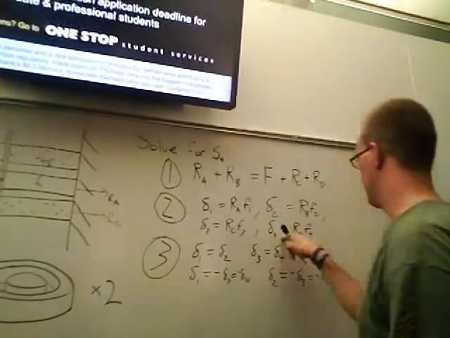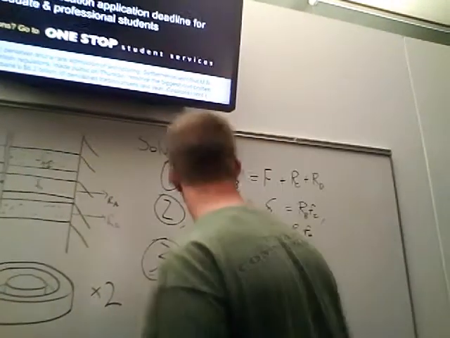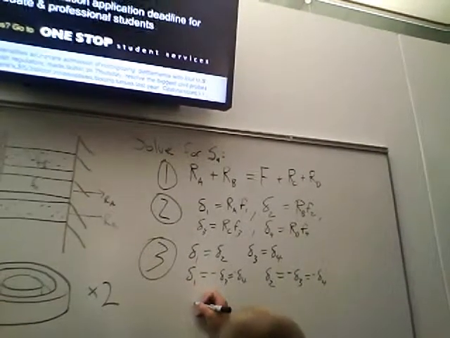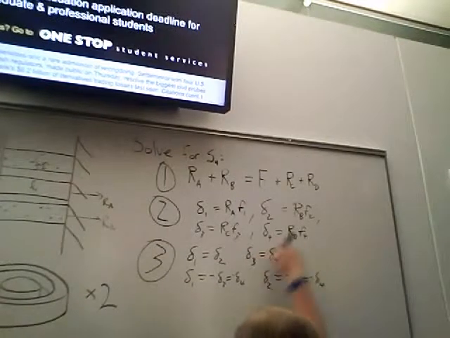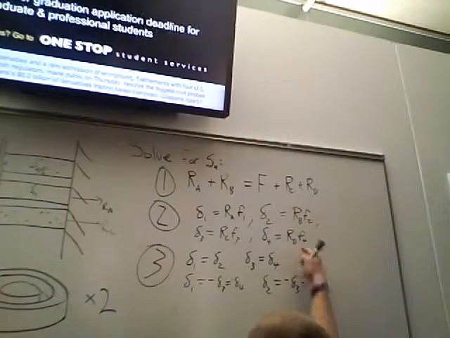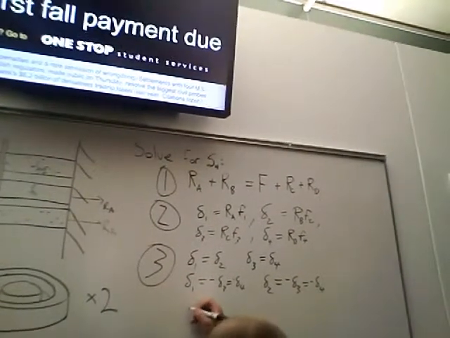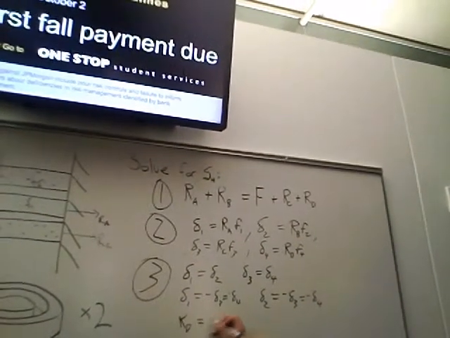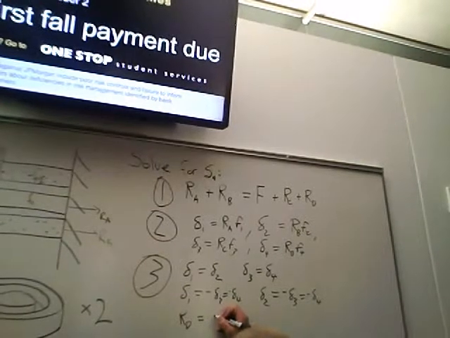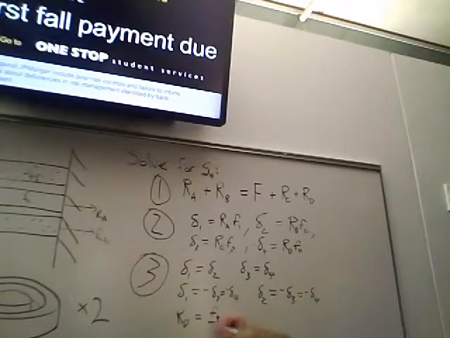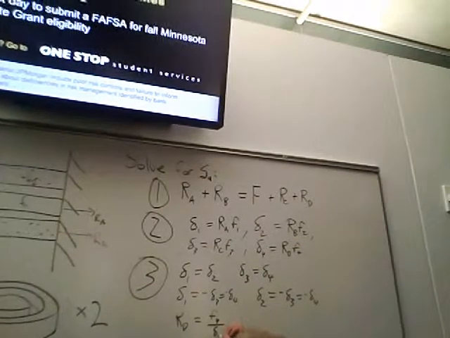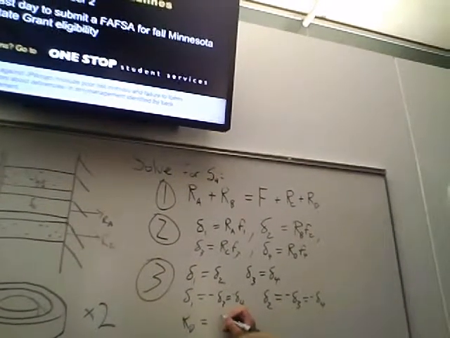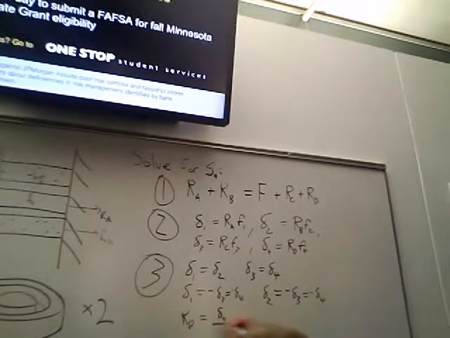We're going to start with an equation that has delta 4 in it. So that means that RD is equal to delta 4 over F4. Excuse me, delta 4 over F4.